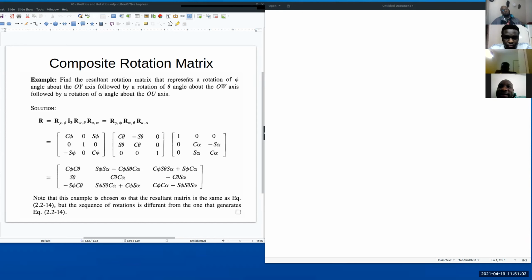In this composite rotation matrix, there's a rotation of angle phi about the OY axis. Normally, in the convention used here, initially you have your X, Y, and Z axes. That's your reference frame.